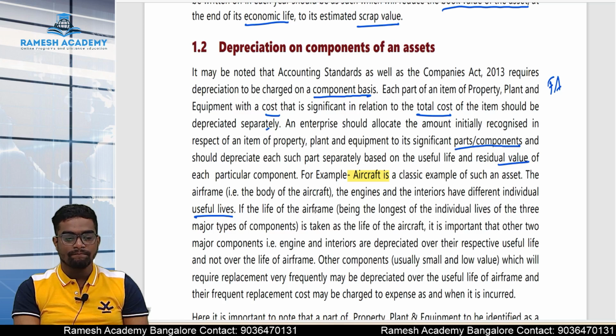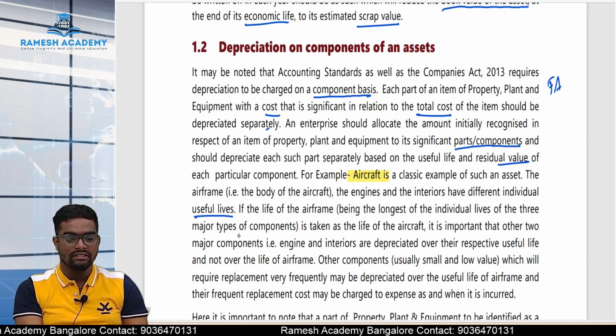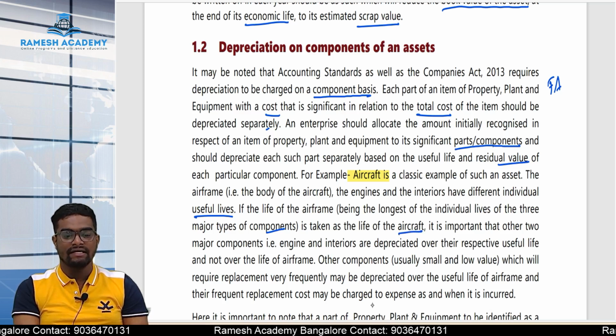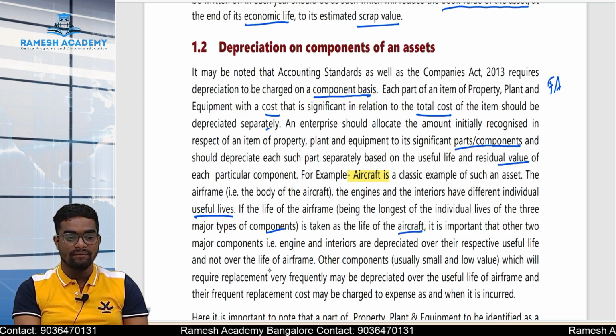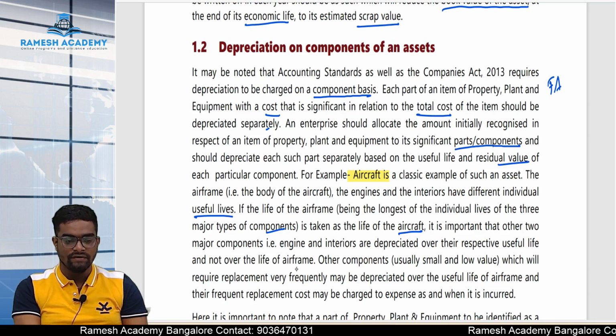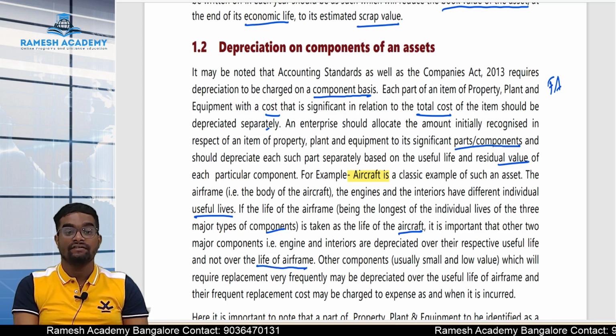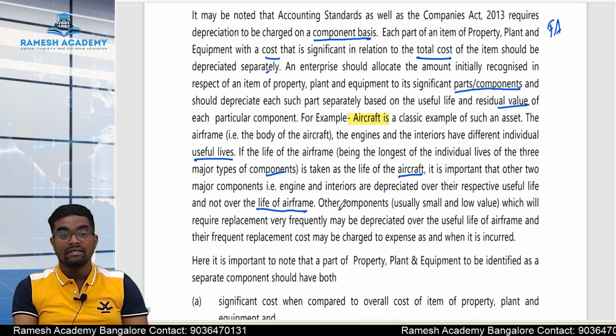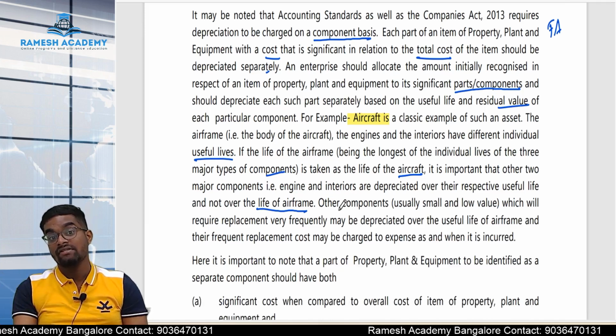If the life of the airframe, being the longest of the three, is taken as the life of the aircraft, it is important that the two other major components, the engine and the interiors, are depreciated over their respective useful lives and not over the life of the airframe, because these three have different useful lives and significant value.